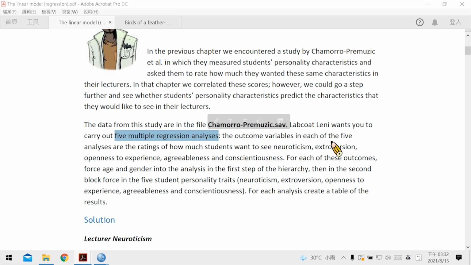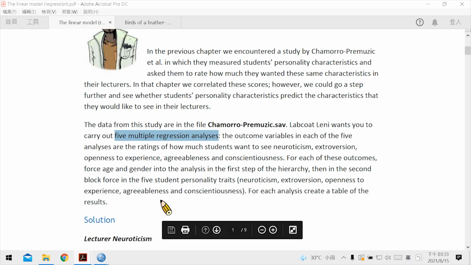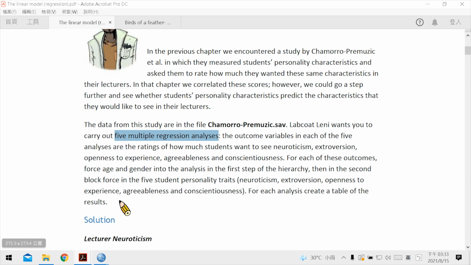The outcome variables in each of the 5 analyses are the ratings of how much students want to see neuroticism, extroversion, openness to experience, agreeableness, and conscientiousness. For each of these outcomes, enter both age and gender into the analysis in the first stage of the hierarchy. Then in the second block enter the 5 student personality traits, so you have 2 stages. For each analysis, create a table of the results.